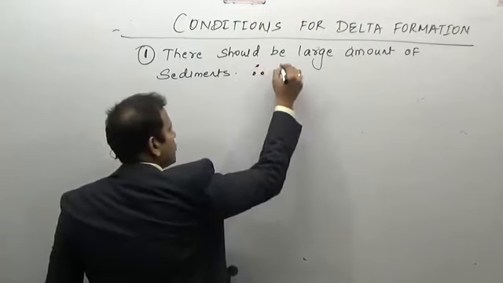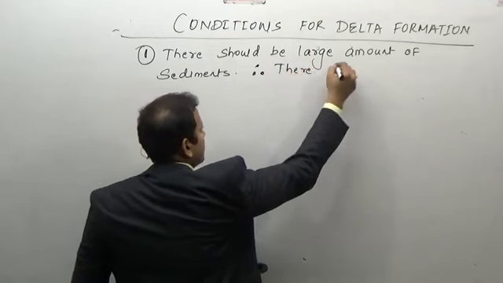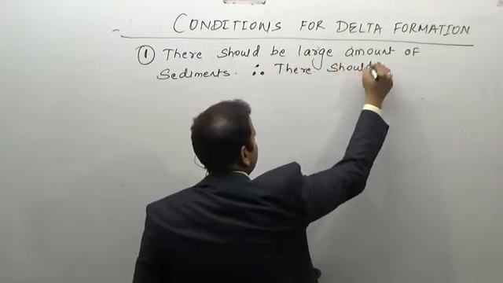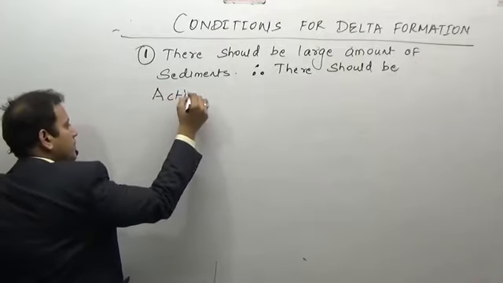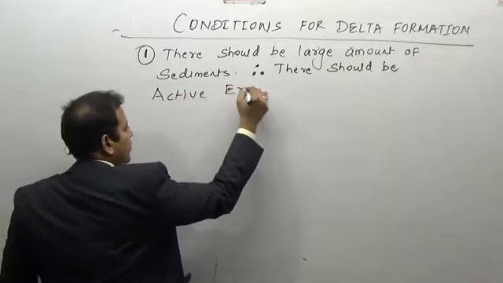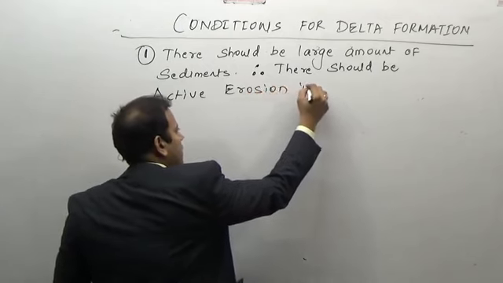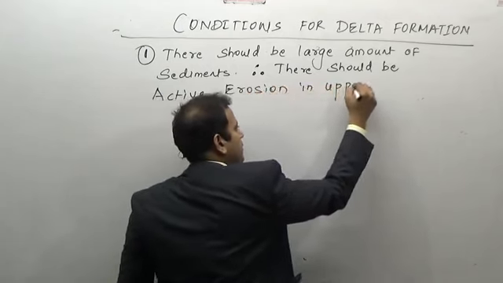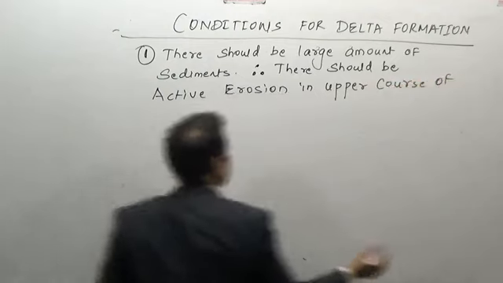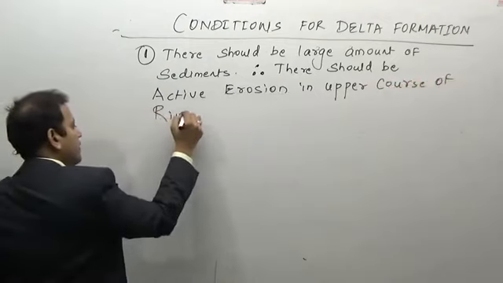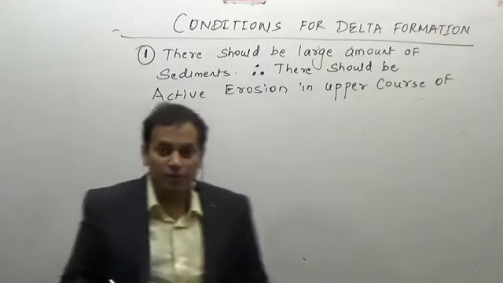Therefore, there should be active erosion in the upper course of a river. Then only the sediments will be formed.